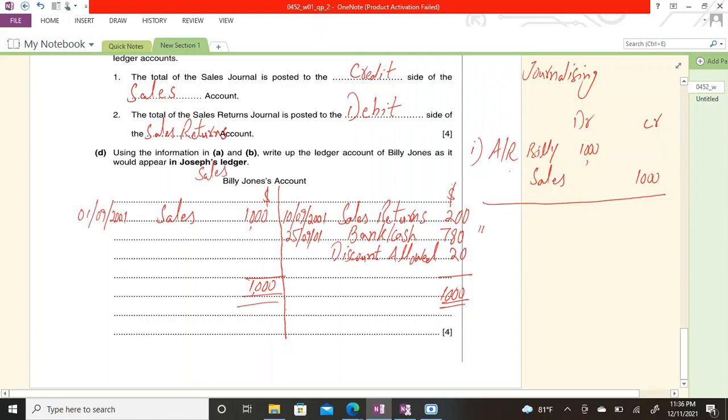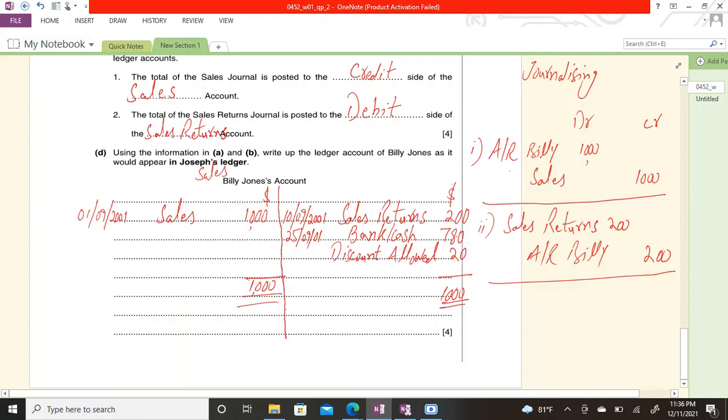Then entry number 2, the goods are returned. So sales returns debit 200, account receivable Billy is credited by 200. And then the third transaction, when the seller received the amount, cash or bank debit.